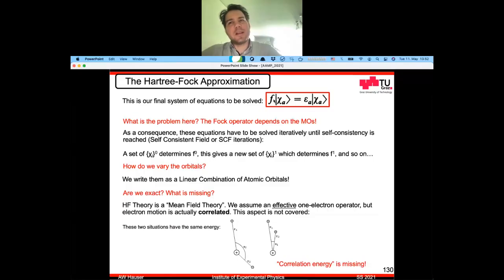It's effective in the sense that it is kind of emulating the presence of all the other electrons in this integral fashion, because we integrate over electron distributions that's stemming from electrons in other orbitals. But due to this integration approach that we are doing here, it is a mean field approximation in the sense that we are taking the average. We take one electron out of the system, look at this electron in the field of all the other electrons and in the field of the nuclei.